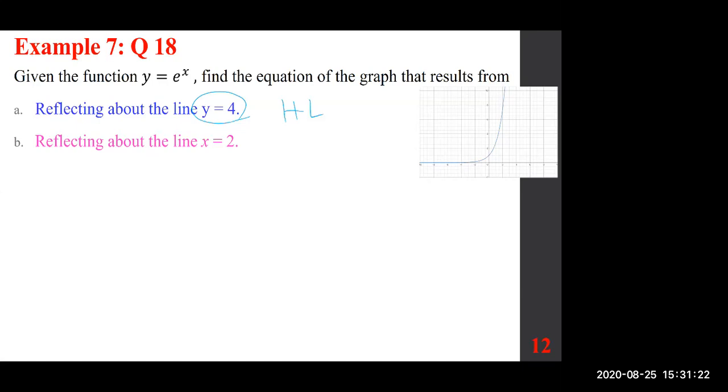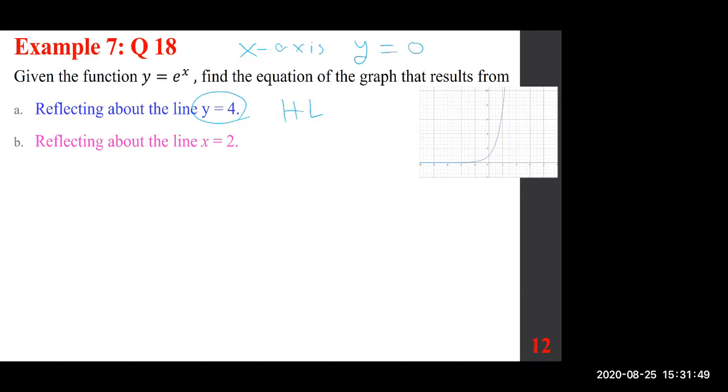So the very first thing is that you can reflect it about the x-axis, because remember, y equals 4 is parallel to the x-axis. It's a horizontal line. And then because it's not y equals 0, remember, x-axis, y equals 0. That's important to remember.